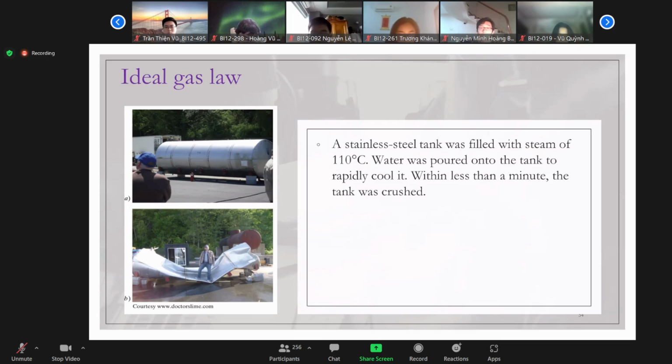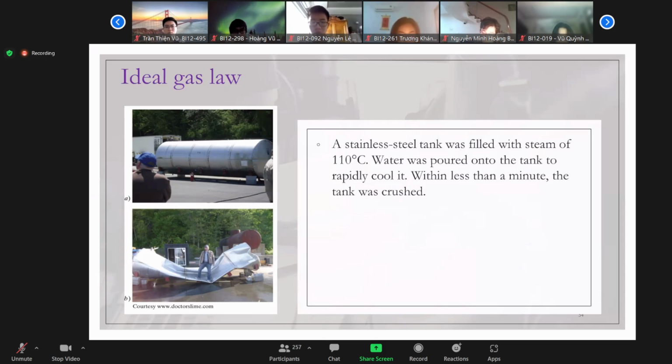The number of mole is also constant, and the gas constant too. So I mean n, R, and V are constant. Now, what is changed is just the temperature.